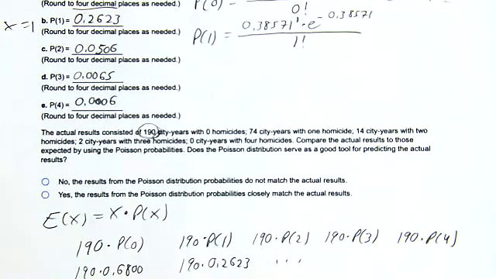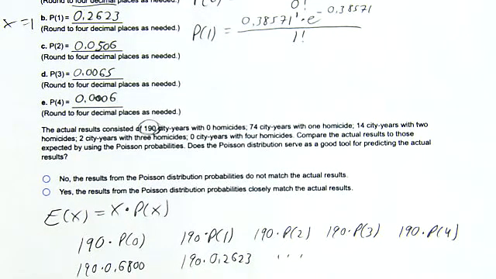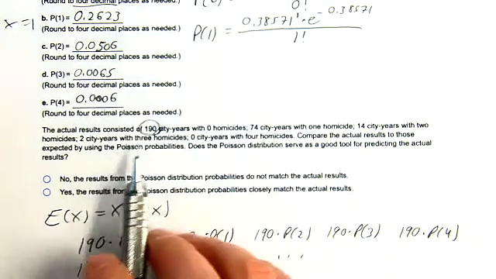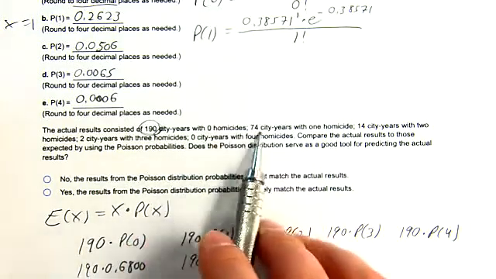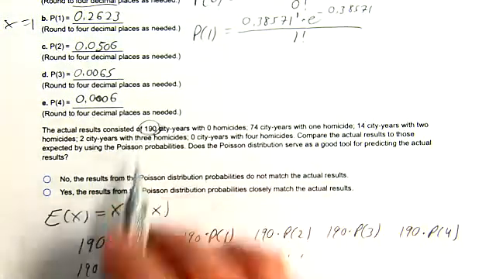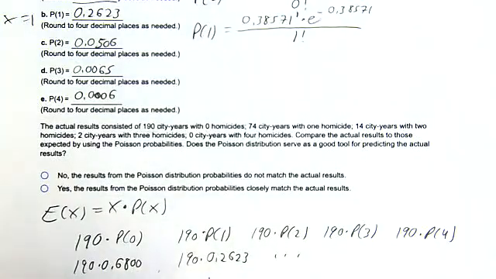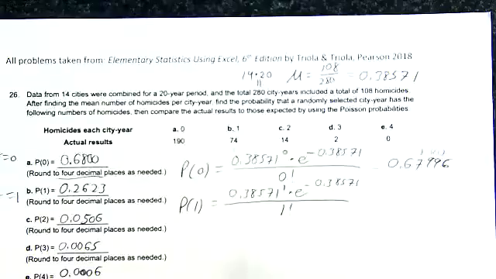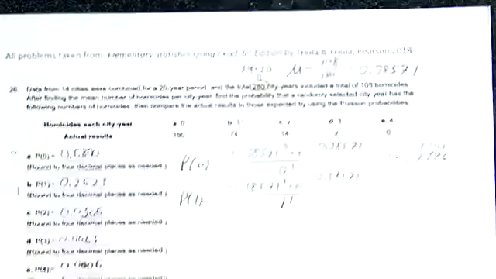And if you do this, you will get... oh shoot, I'm sorry, I messed this up. So the results consist of 190 city years with 0 homicides, 74 city years with... so you don't use 190 here. This will be easy to fix actually. You don't use 190, you use the original 280. Use this original 280 for your x.